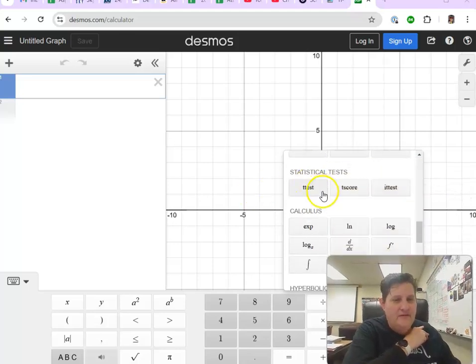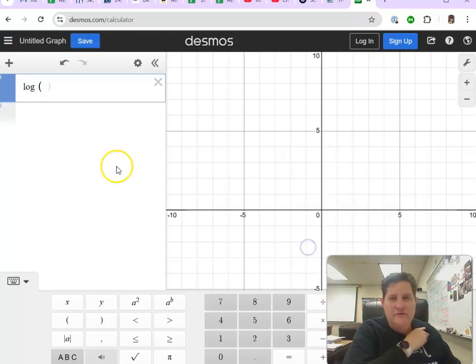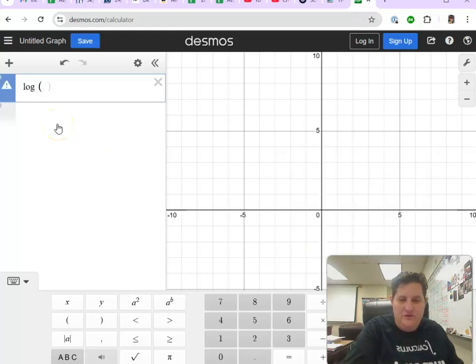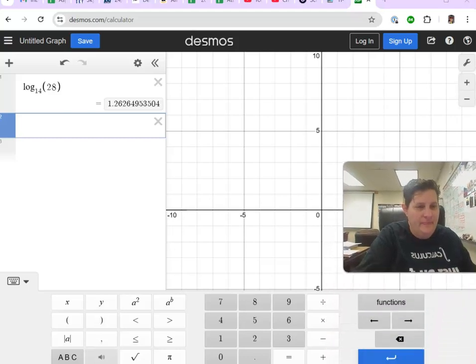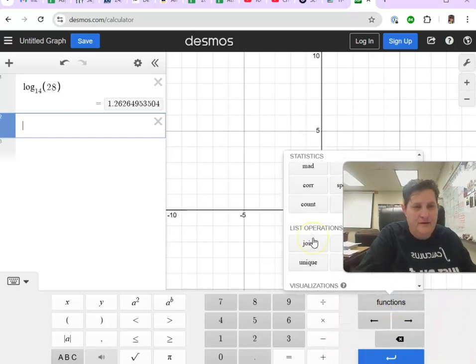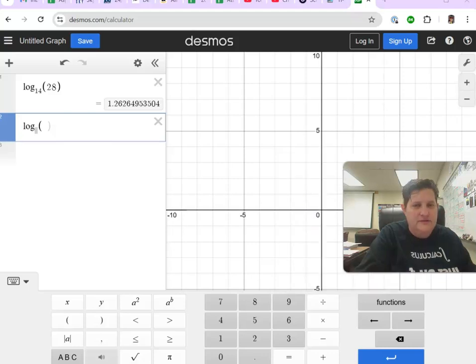And we have ln, log, and log base a. If you pick that one, it allows you to type in log 1428, and it will give it to you. Or scroll down again into calculus, log base a.